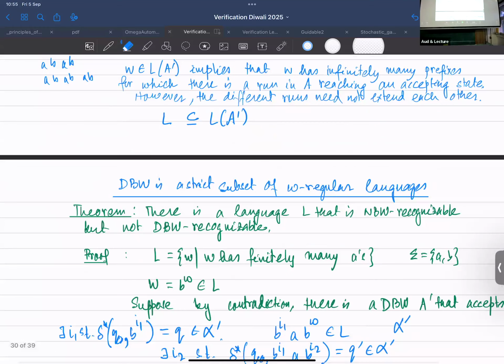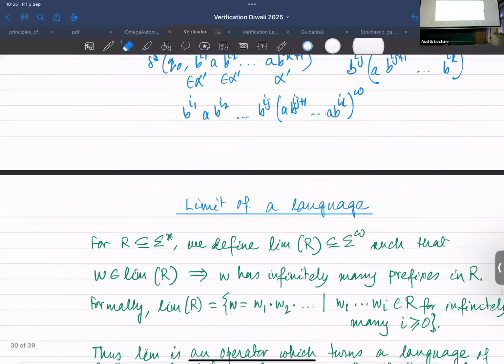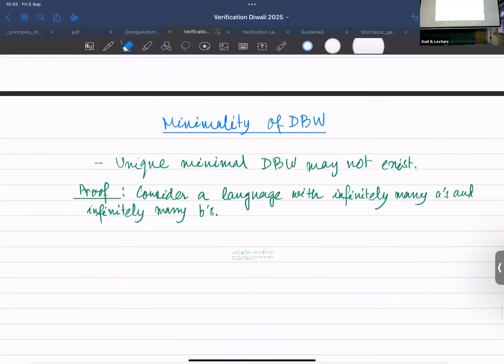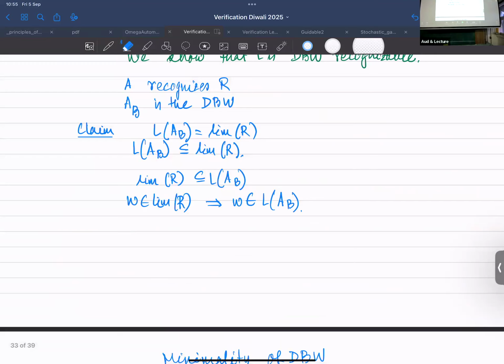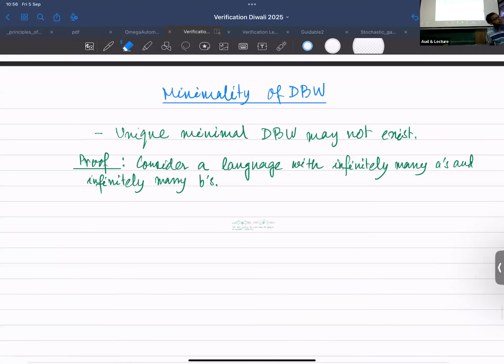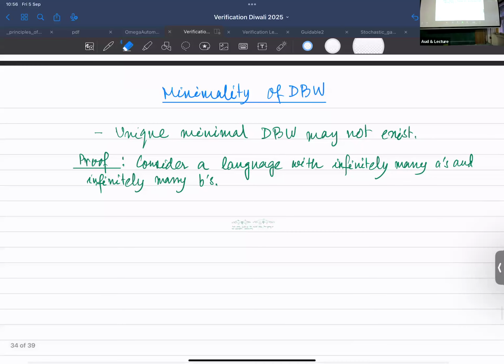Okay. So now we'll talk a bit about minimality, and maybe we'll stop here. One thing we would like to see is that if we consider automata over finite words, we know that there exists a unique minimal deterministic finite automaton, a canonical DFA, we call it.